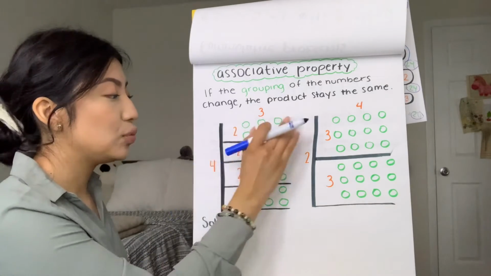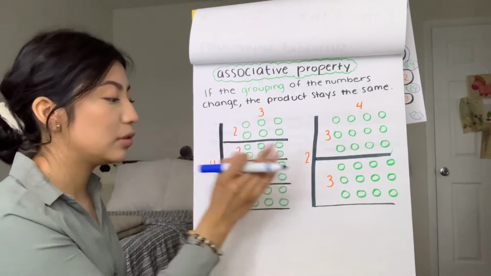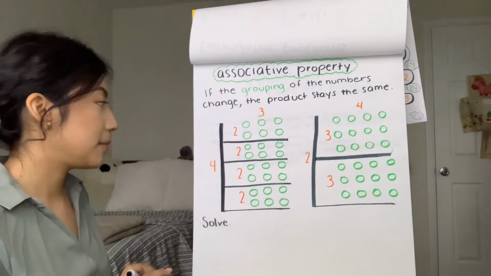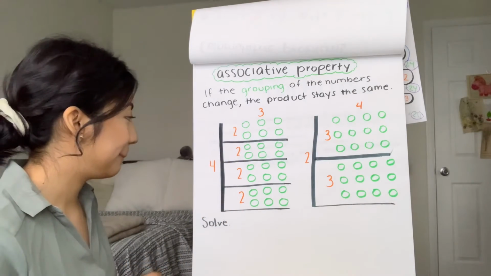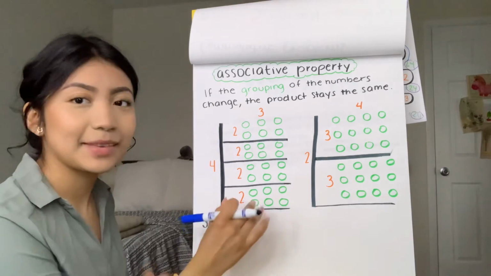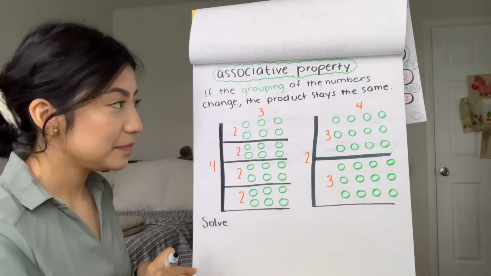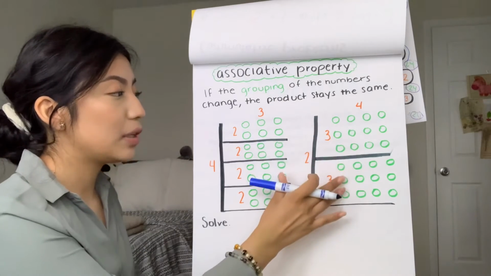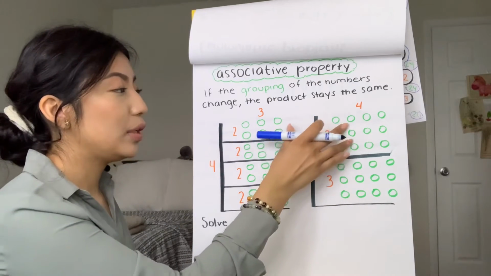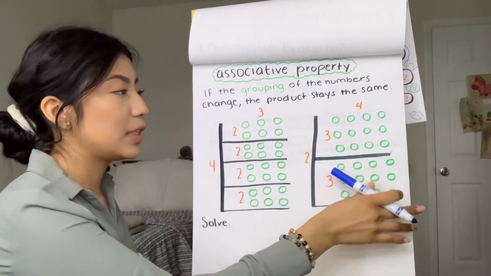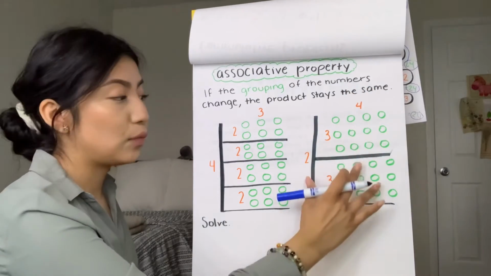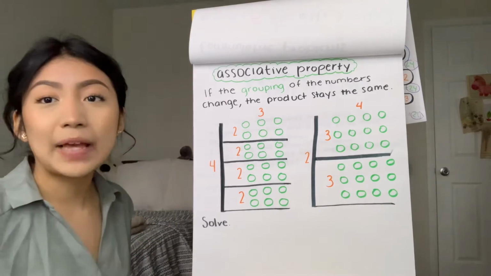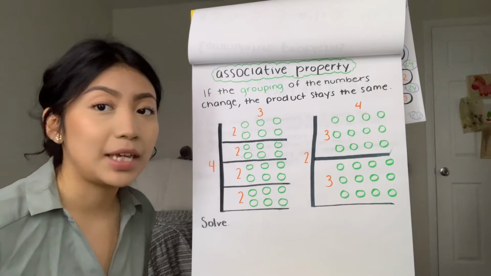So we have 2 rows, 2 rows, 2 rows, and 2 rows, and then 3 columns in each. And then the second train, we have 1 cart, 2 carts, and then we have 3 rows and 3 rows and 4 columns and another 4 columns of seats. All right, so how would we write that as a multiplication problem?